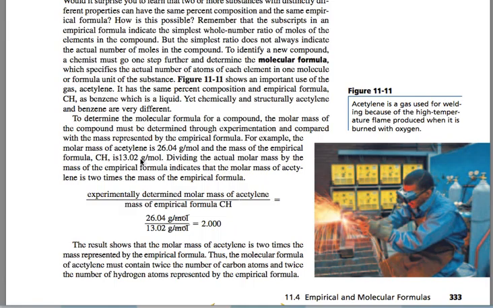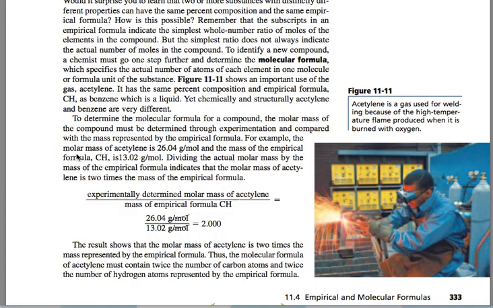Oh, okay, so I'm comparing these. This is twice as much as this, so I'm guessing that the molecular formula is going to be C2H2, which is going to double and give us the mass for the molecule.